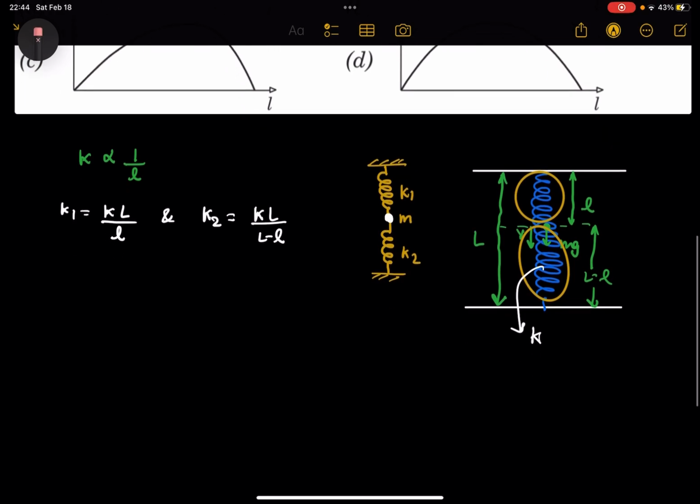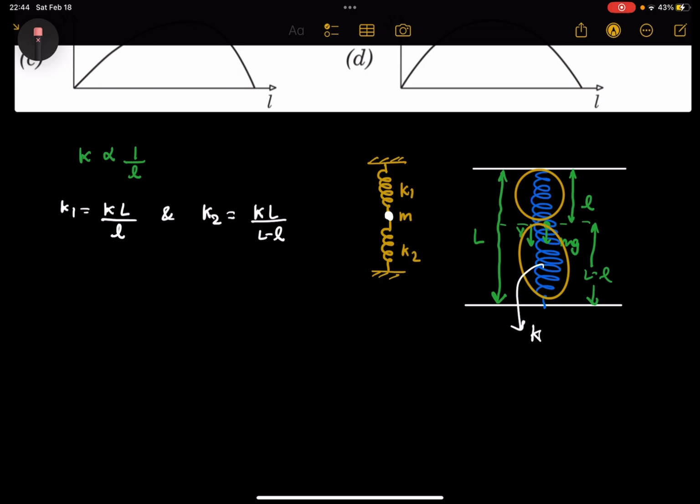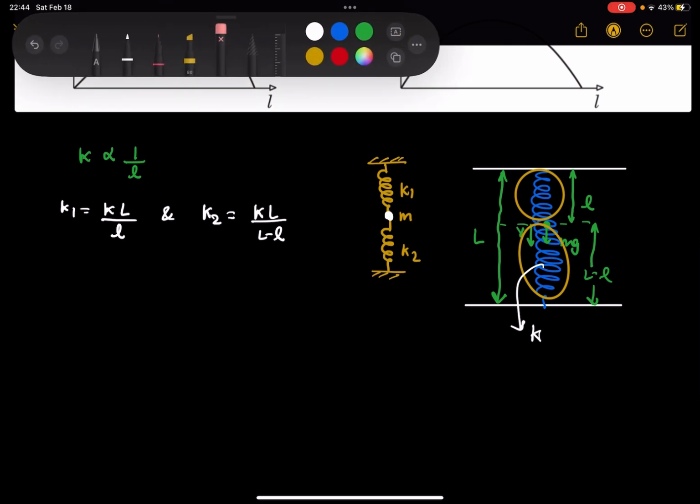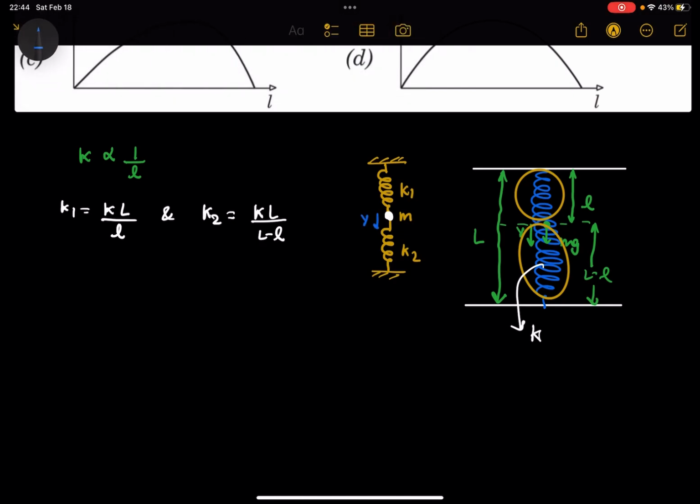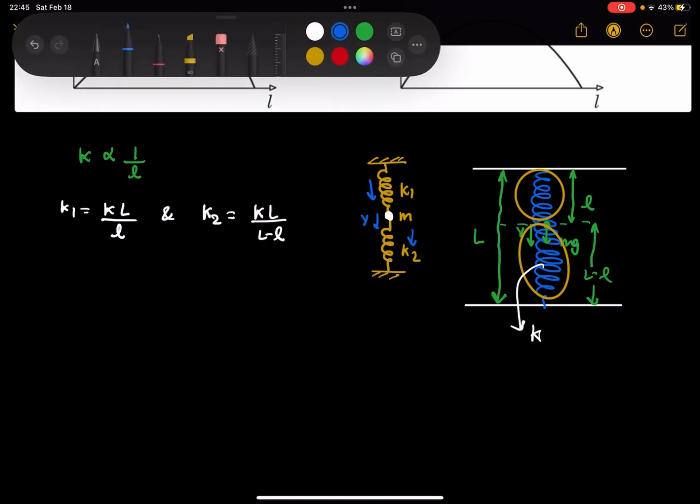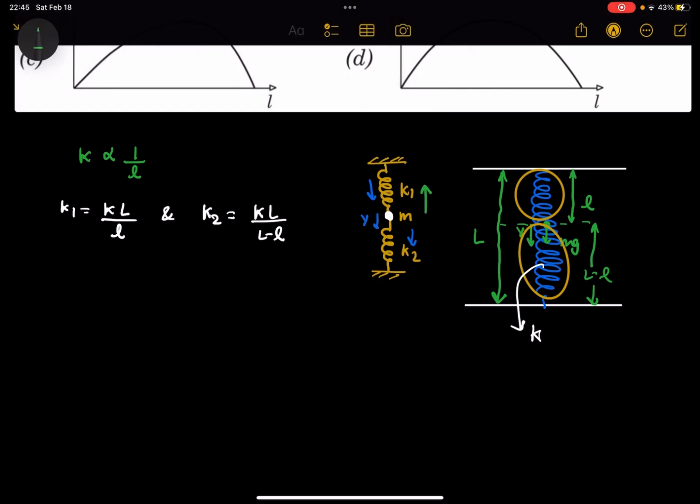Now I tell you one thing. What is happening? If this bead is shifted by a distance y, then you can say that K2 is compressed and K1 is in elongation. So because of this, K1 experiences a force in this direction and K2 also experiences a force in this direction.